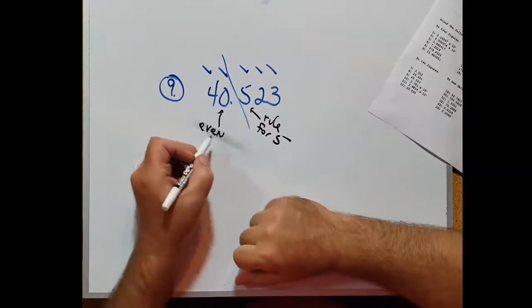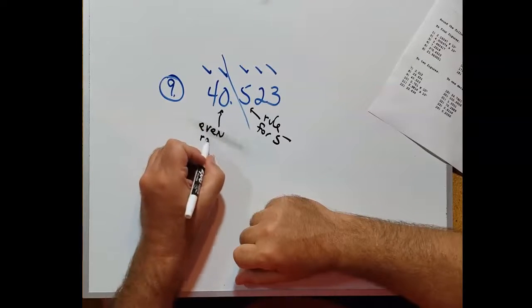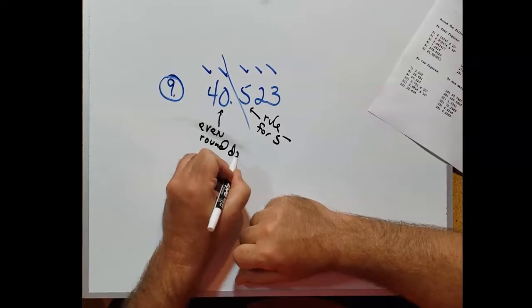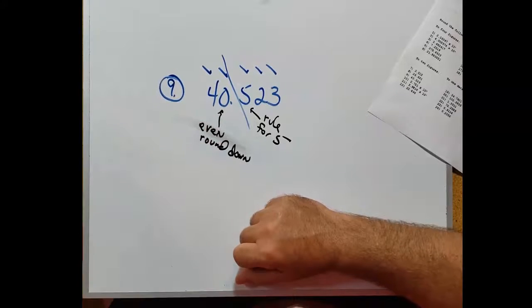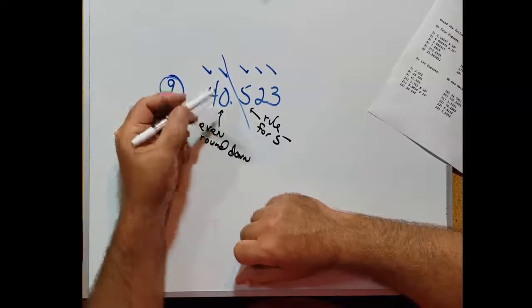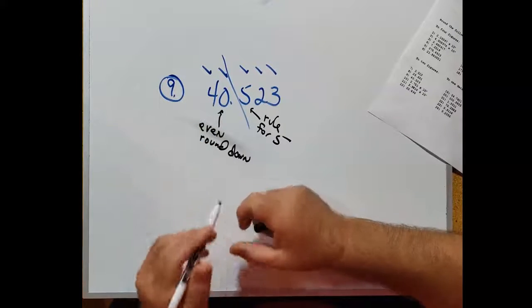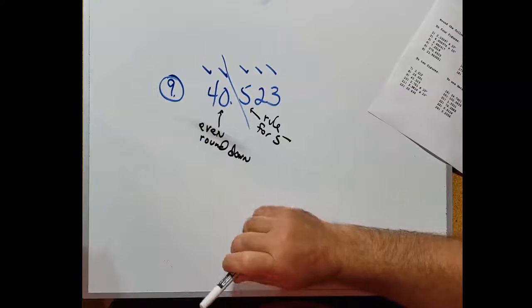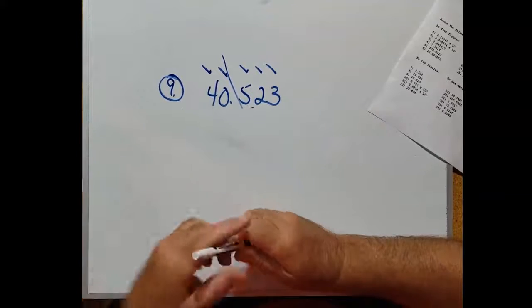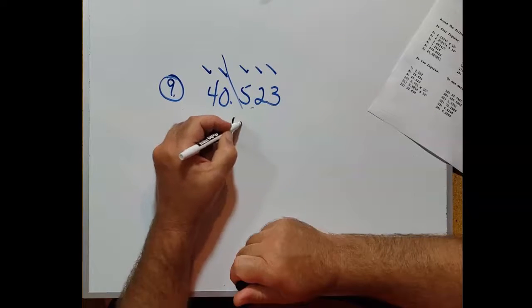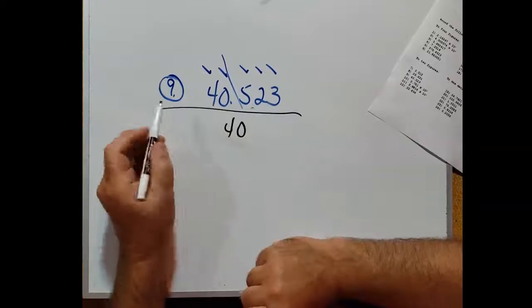And what's the rule for an even number? Round down. If it happened to be an odd number, we'd round up. But we're going to round down. Well, round down really means leave it the same. So our answer in this case would be just 40.